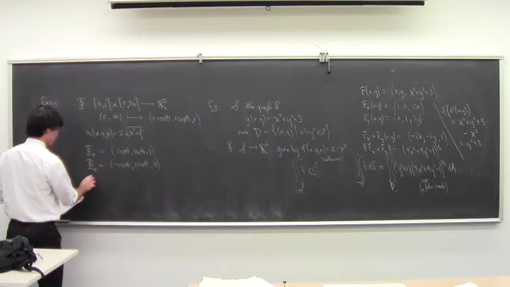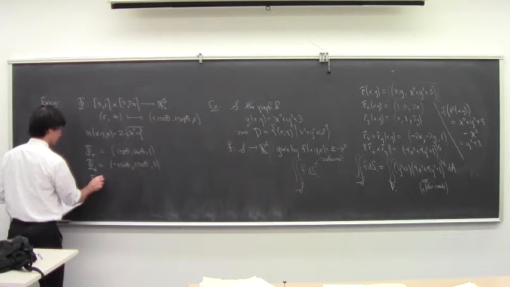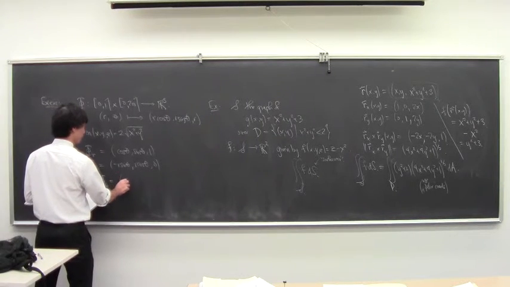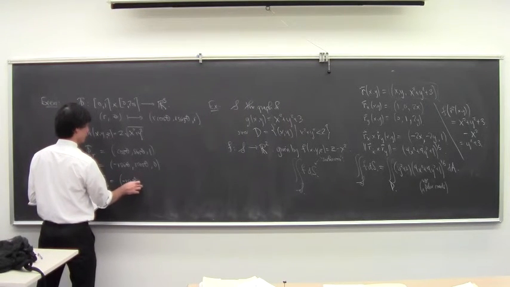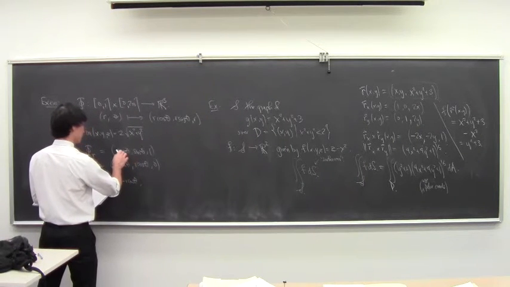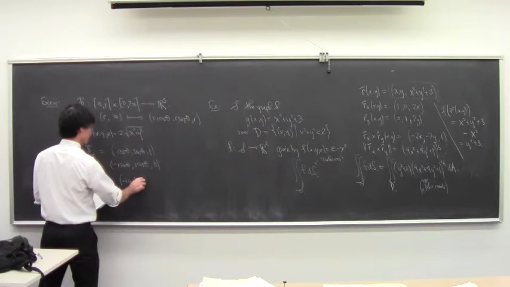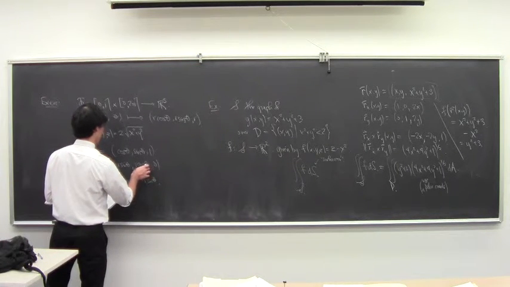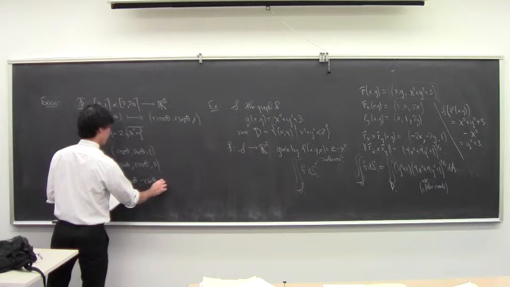Then take the cross product. You end up with negative r cosine theta, negative r sine theta, and then r, right?